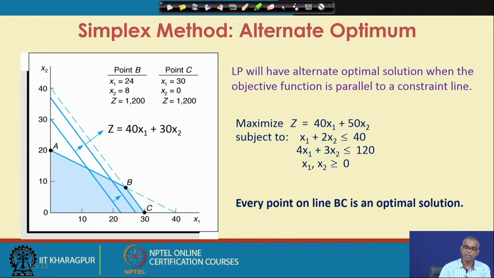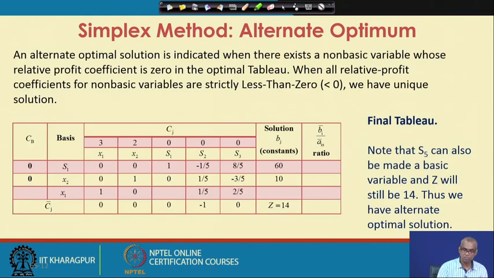So, how is this indicated in the simplex tableau? An alternate optimal solution is indicated when there exists a non-basic variable whose relative profit coefficient is 0 in the optimal tableau.